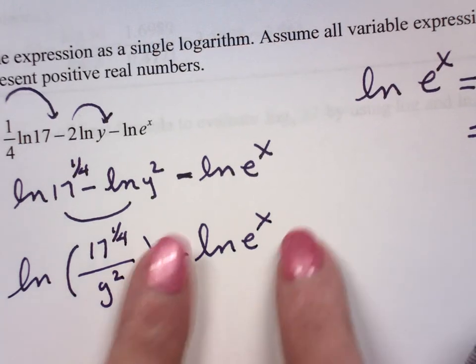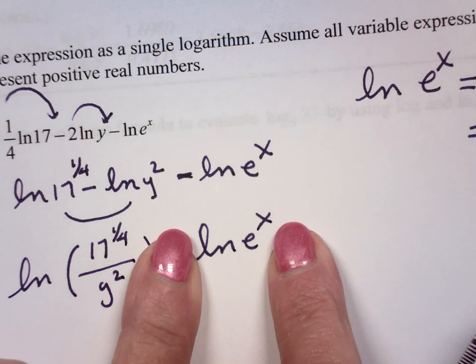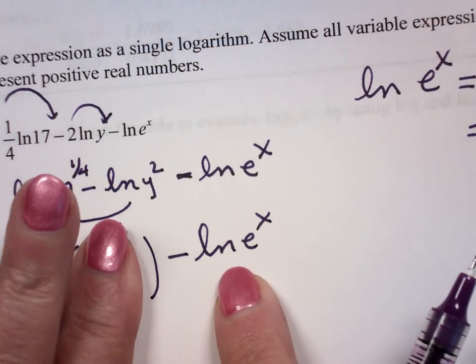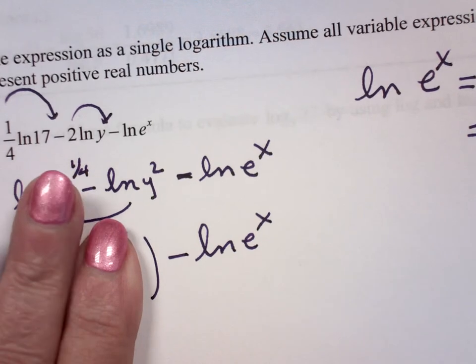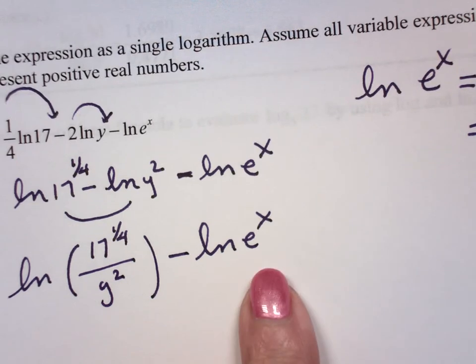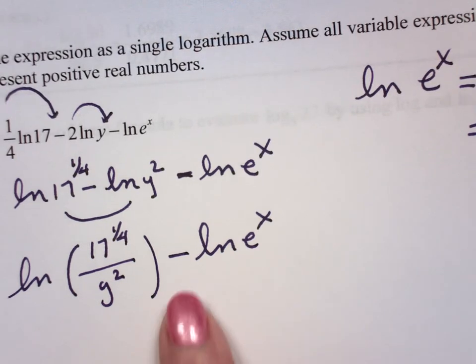Here it is, right here. Here I have something times the natural log of e to the x. Now if I want to bring it in and make it a single logarithm, where does this guy go? I have to put it on the bottom. Why? Because there's a subtraction.